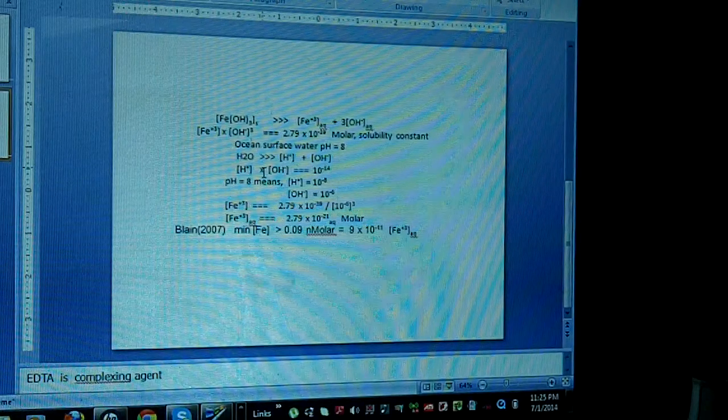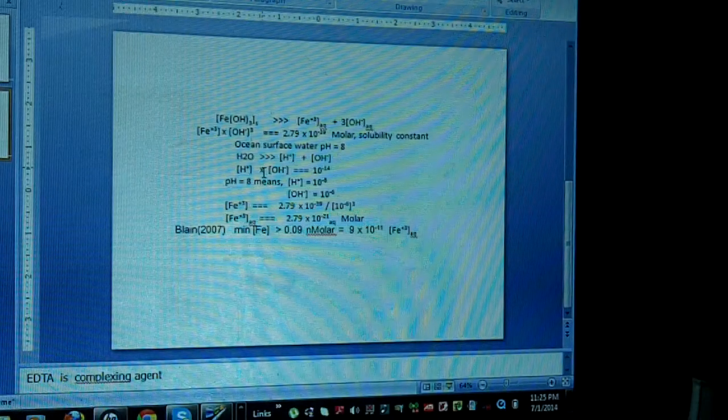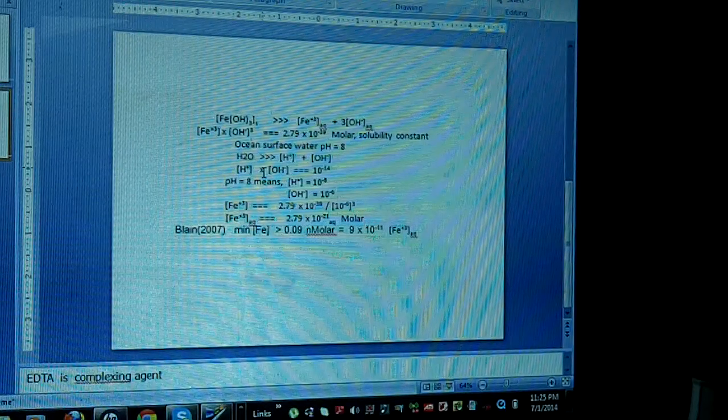So it's used in large quantities at the present day. So there we explain why some of the people who went around dumping iron sulfate into the ocean is not very profitable. Thank you.